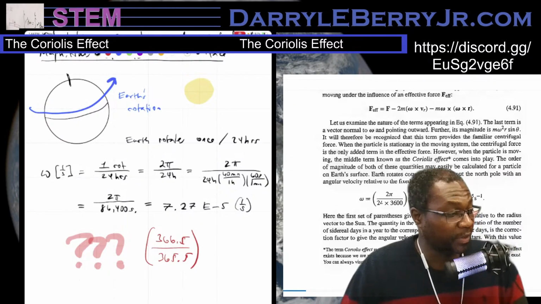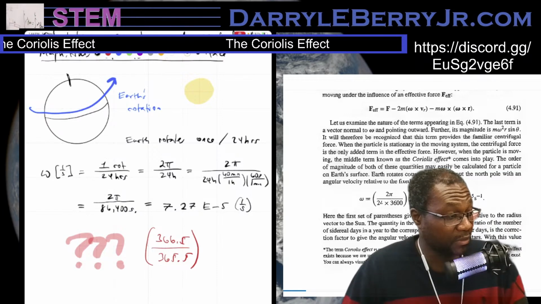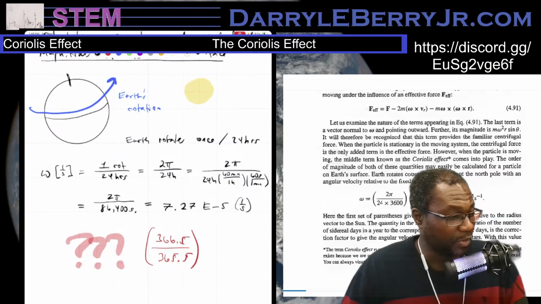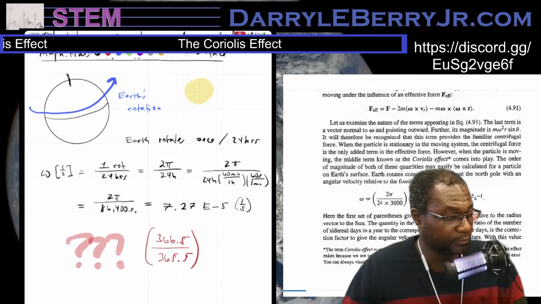Here, the first set of parentheses gives the angular velocity relative to the radius vector to the sun. The quantity in the second parentheses, oh, they mention it: the ratio of the number of sidereal days in a year to the corresponding number of solar days is the correction factor to give the angular velocity relative to the fixed stars. Seems like it should be smaller rather than greater.